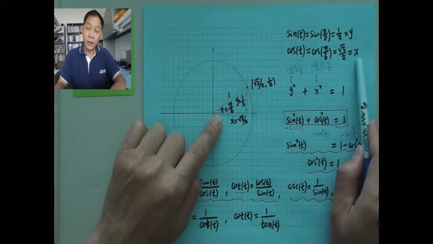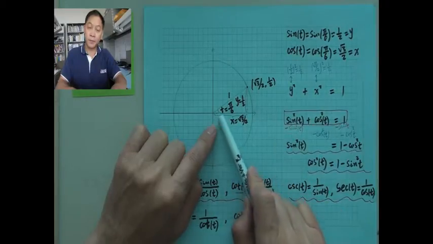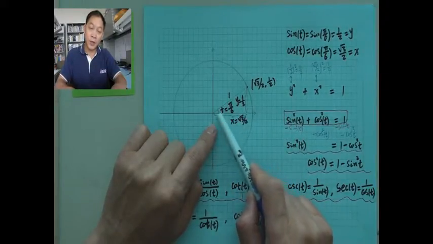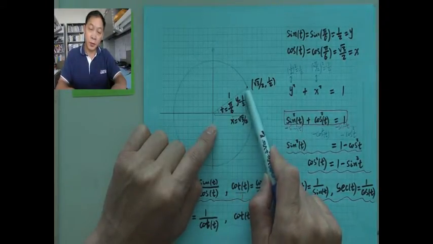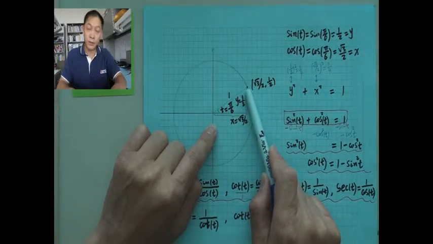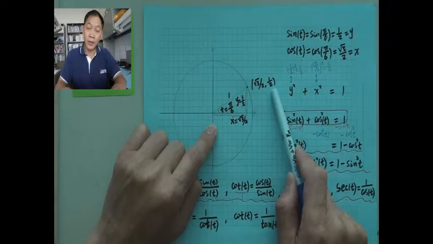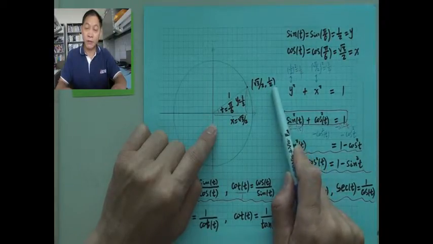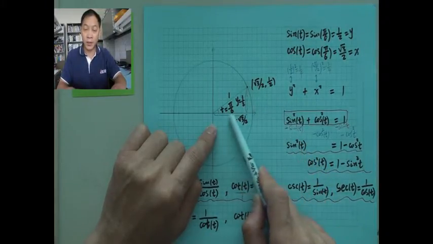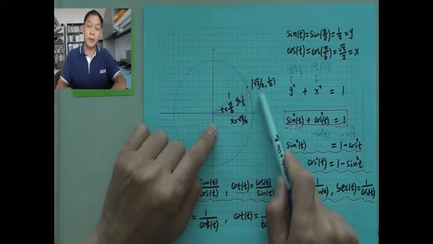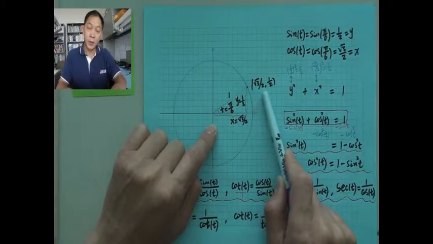Cosine t is actually x. Because this is a unit circle, the radius is 1. So y is the special value 1/2, and x is another special value, radical 3/2.